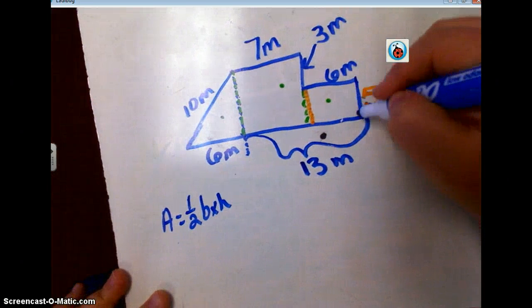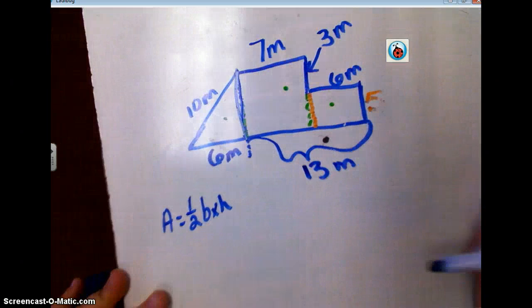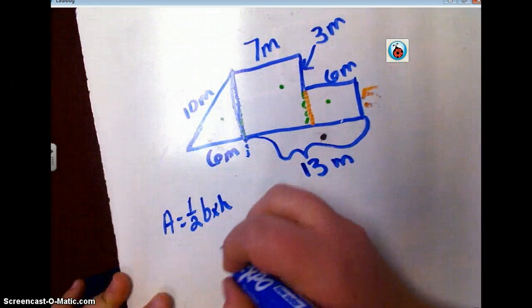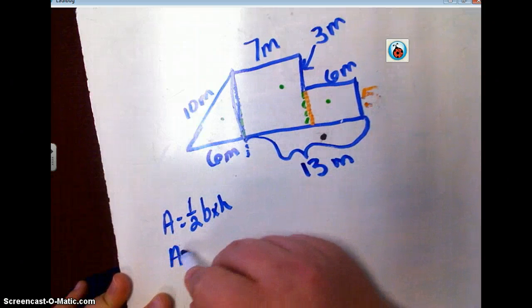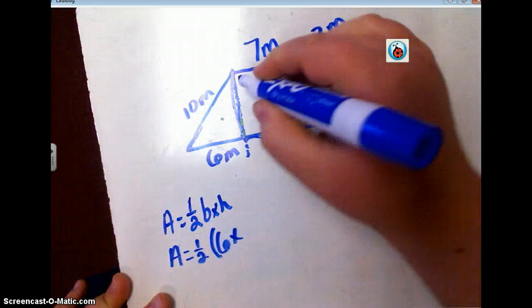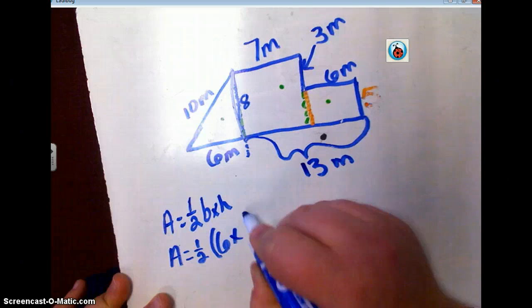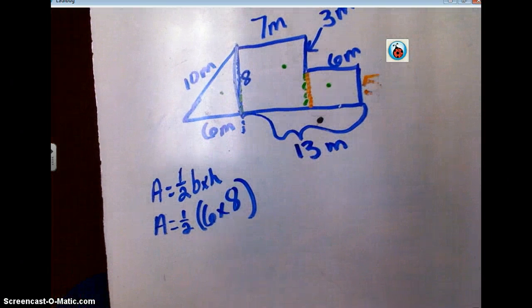Okay, if this is 5 and this is 3, my total height is, so my base is 6, so area equals 1/2 of 6 times my height, which is 8. Are you following that? Who's lost? Raise your hand if you're lost. Okay, show me where you're confused, or tell me.